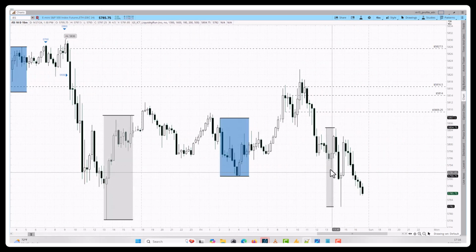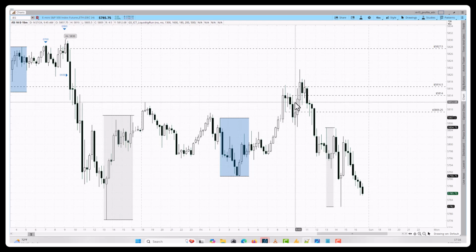But in this scenario, it's different. You see that? In this setup, the same thing happened right here. It did rate the London, sorry, not London, but the 9:30. However, we're not going to engage in here. We have to wait for the 4 breakout to form at that level.